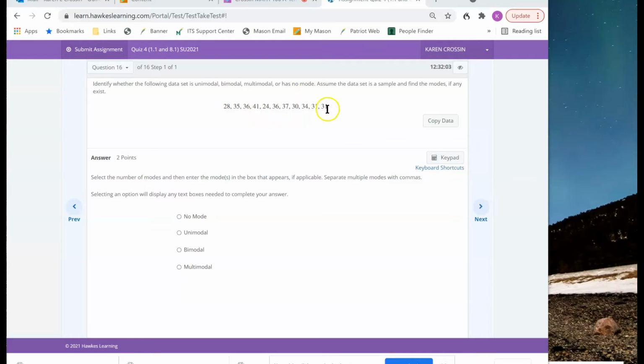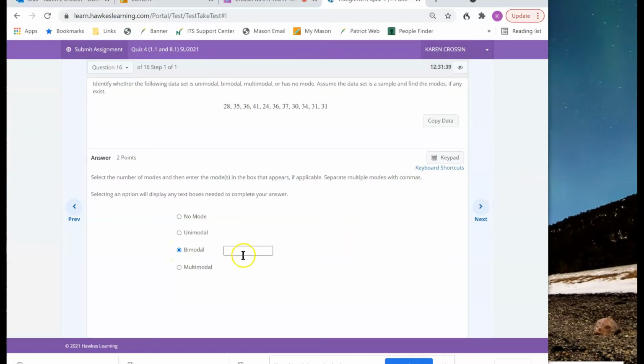No. If we could have put them in order, which I'll work on later, it would help with this, because then you definitely know how many of each there are. So is there a mode? It's bimodal, because bi means 2, like bicycle.